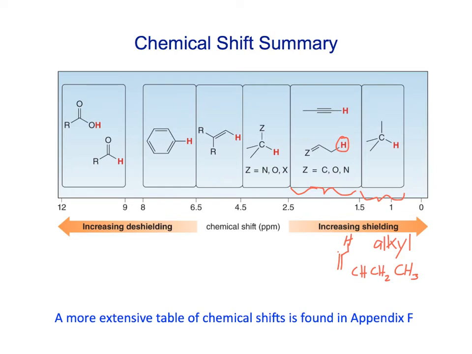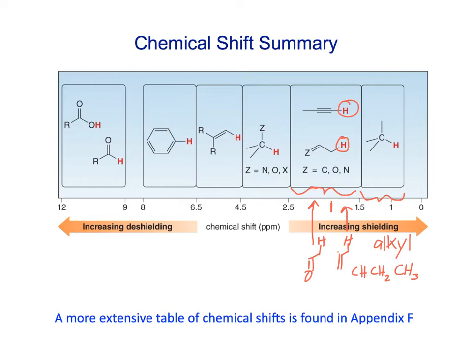The other common one is protons that are on carbons next to carbonyl groups. And these run anywhere. The allylic protons are more at the upfield side here, from 1.5 to maybe 2 parts per million. Next to a carbonyl, it's more like 2 up to 2.5. And then they have the alkynes in here as well. All right, so 1.5 to 2.5.